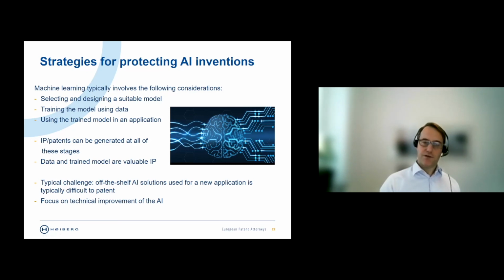Yeah, I think there's actually a lot to say about AI inventions. If it's difficult to prove infringement of the training of the model, why don't we just train it and keep it secret, train it secretly in the cloud or in some hidden software that people cannot reverse engineer, and then we just consider the value to be in the trained model, and we don't care if people try to do the same.